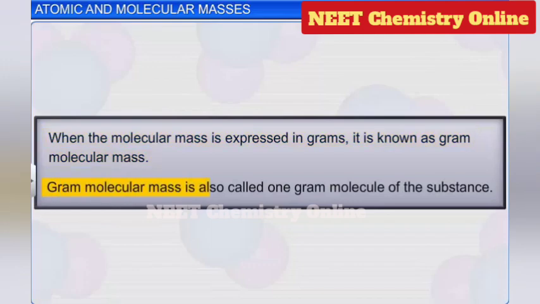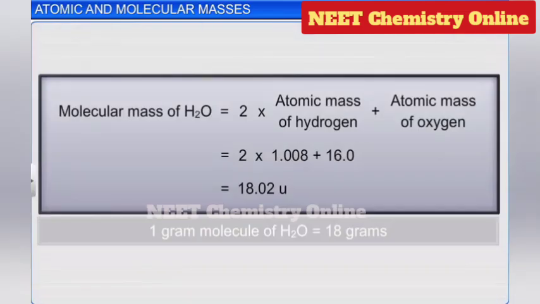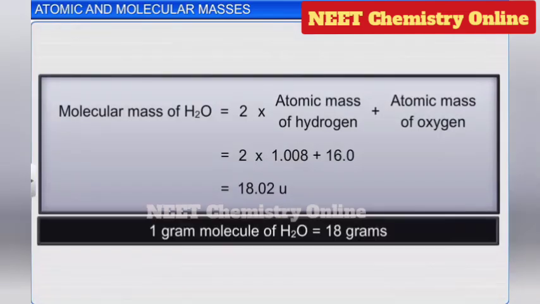Gram molecular mass is also called 1 gram molecule of the substance. For example, 1 gram molecule of water is 18 grams.